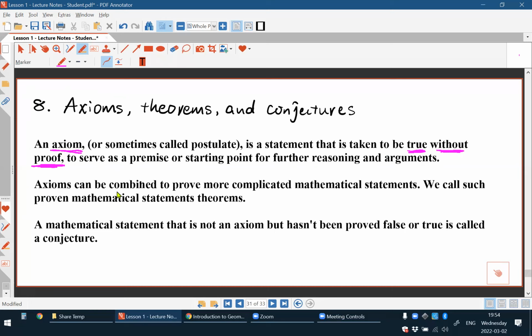And axioms can be combined to prove more complicated mathematical statements. We call such proven mathematical statements theorems. So basically, we start from some axioms. So axioms can help us to find some theorems. And this process we need to prove, right?